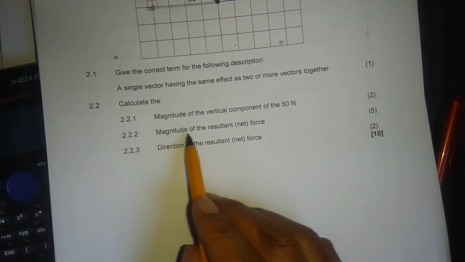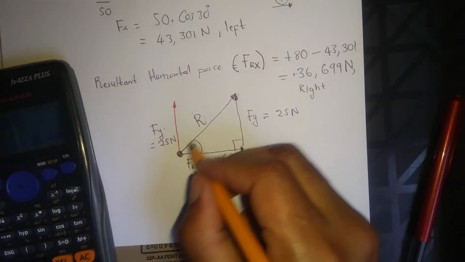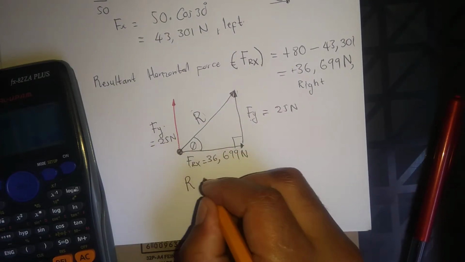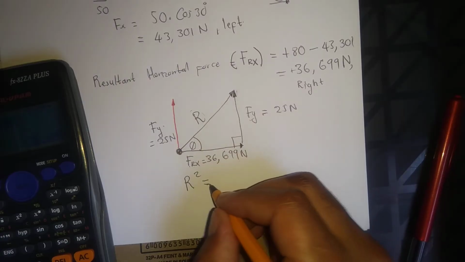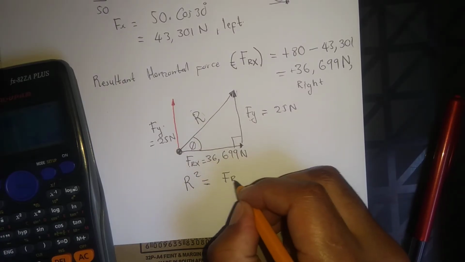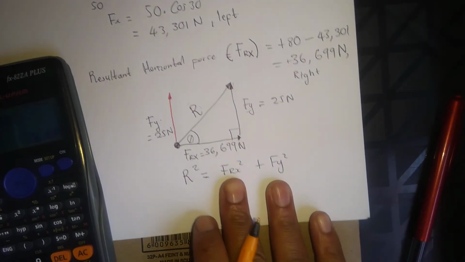Question 2.2.2: calculate the magnitude of the resultant force. The resultant force is the hypotenuse. So the hypotenuse squared is equal to Frx squared plus Fy squared, right?